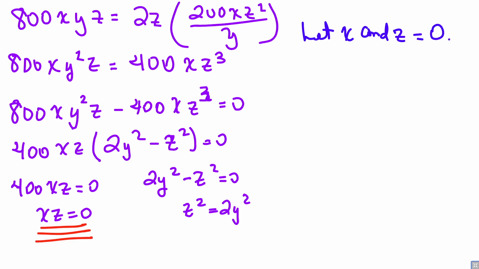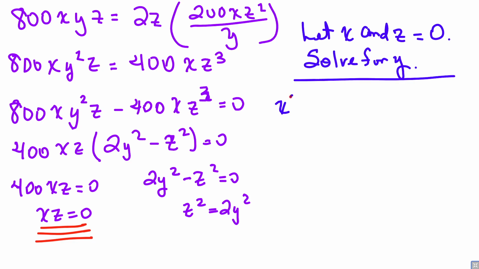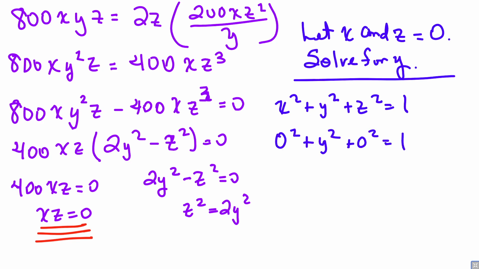Okay, so we're going to solve for y. And again, we're going to use the sphere to help us out with that. So we're going to have that x squared plus y squared plus z squared is equal to 1. So 0 squared plus y squared plus 0 squared is equal to 1. Y squared is 1.